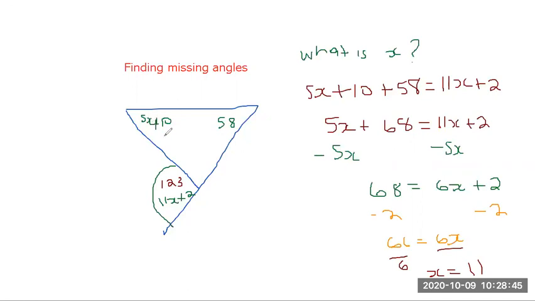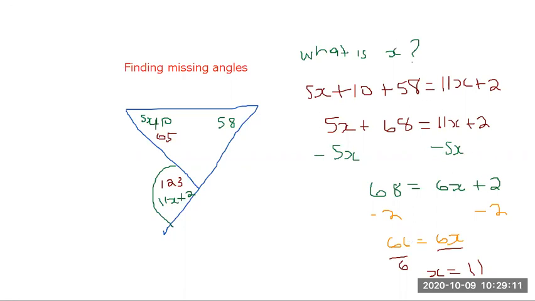They didn't ask for this angle, but let's do it. 11 times 5 is 55, plus 10, 65. So you can really check if your answer is right. 65 plus 58 is 123. So x is 11. Sometimes they'll ask you what is x. Sometimes they'll ask you what is the measure of the angle.